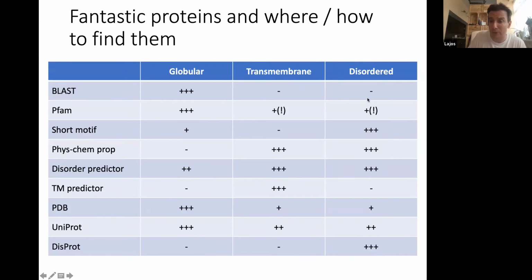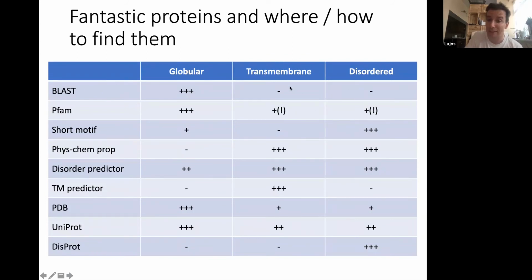For transmembrane or disordered proteins, it's sometimes hard to find a good homolog even within vertebrates. If you are lucky, there will be a few in other mammals, but it's very rare that you find, for example, a homolog for a human transmembrane protein in fish. There should be a homologous functional protein, but in terms of sequence, they will be very different.